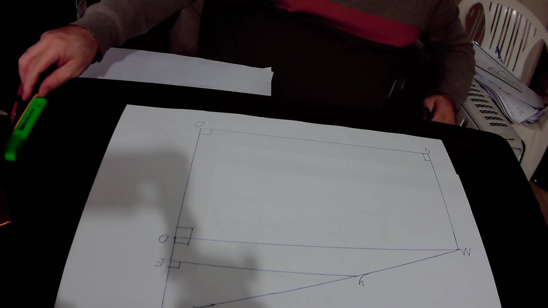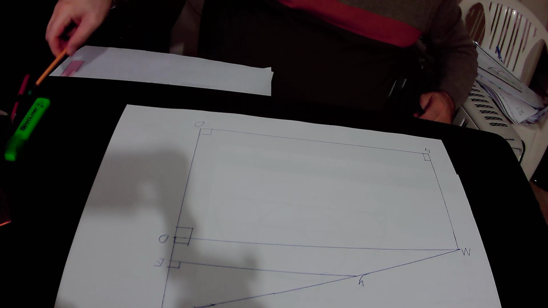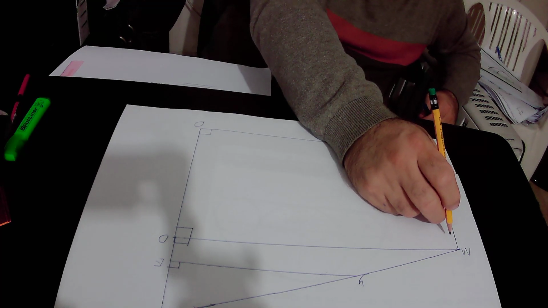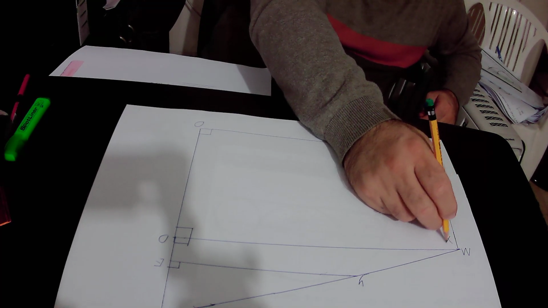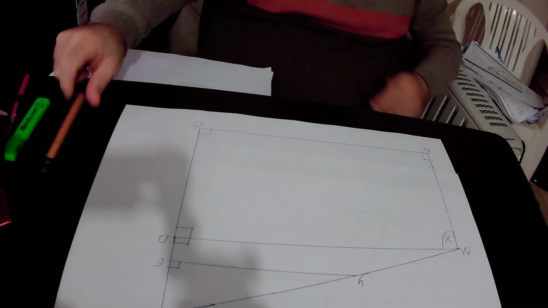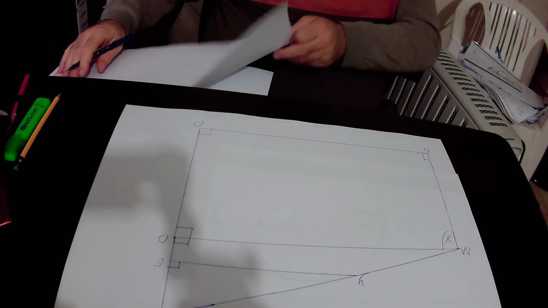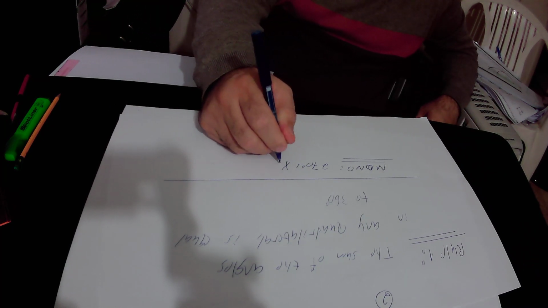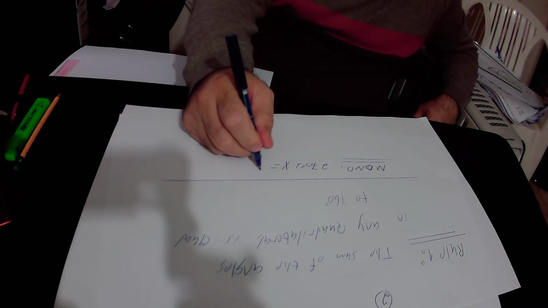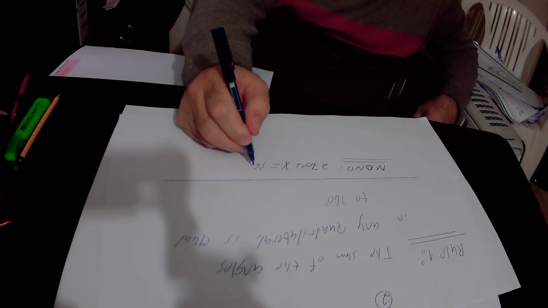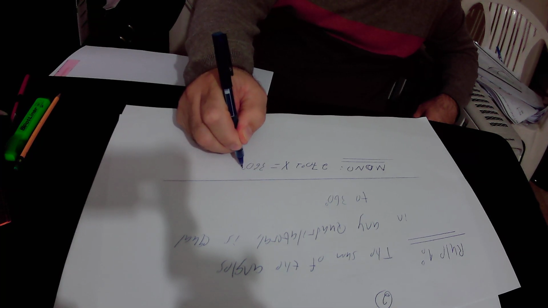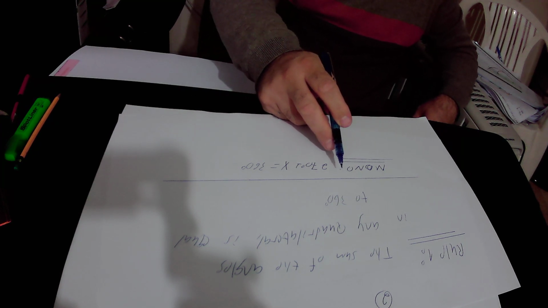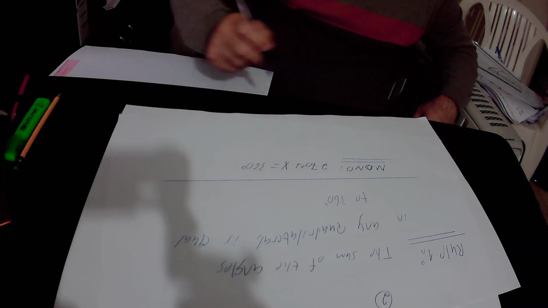We will define the fourth angle of quadrilateral MDNO as angle X, so 270 degrees plus angle X must be equal to 360 degrees according to rule number 1 that says that the sum of the angles in any quadrilateral is equal to 360 degrees.